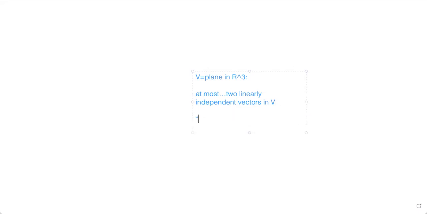So the next thing we need to understand is, like I said, there needs to be at least two vectors to span V, right? So this leads to this saying that Q is greater than or equal to 2.